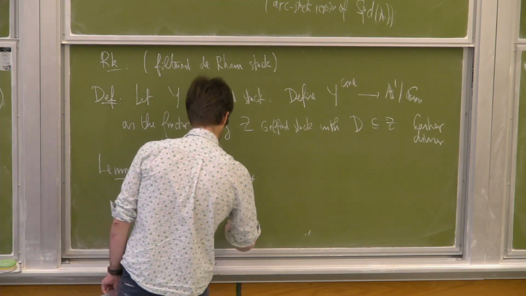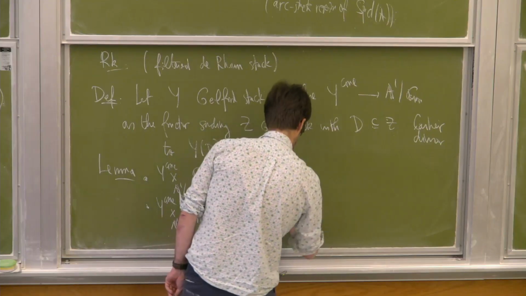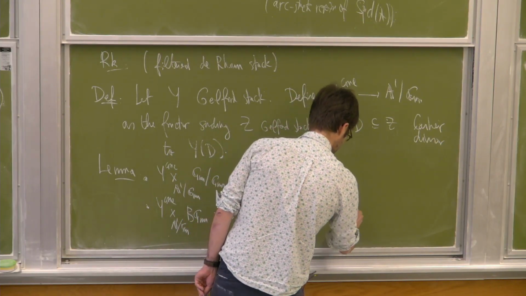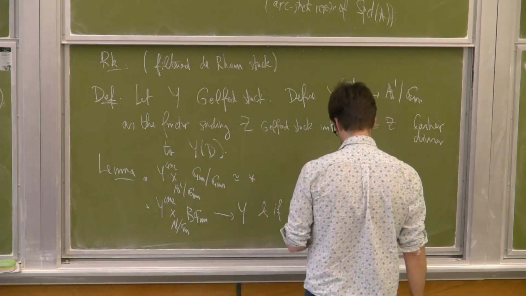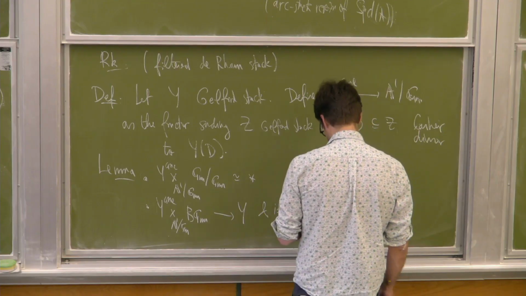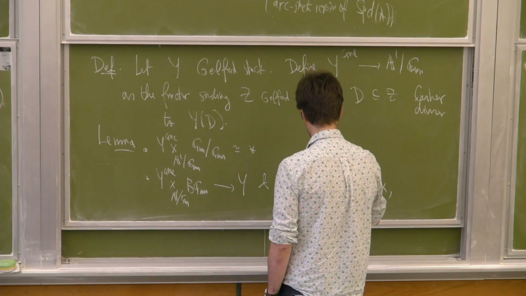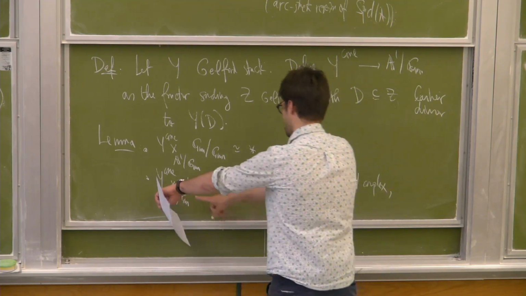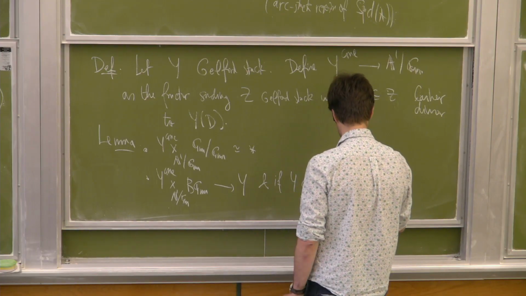But if you now look at what happens over BGM, so over 0, the origin of A1, there is a natural map to Y, and if Y admits a cotangent complex, this base change of the cone construction identifies with some truncation of the tangent complex.